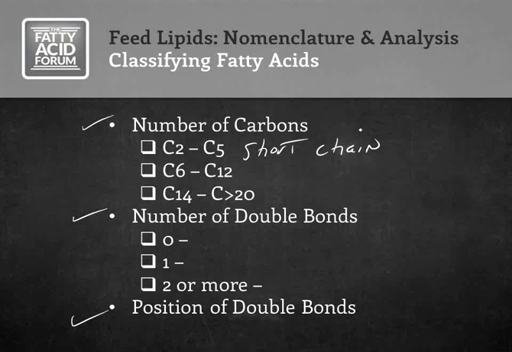So if it's a short chain, just 2 carbons to 5, we refer to them as short chain fatty acids. 6 to 12 carbons are referred to as medium chain fatty acids. And greater than 12, 14 to well over 20, are called long chain fatty acids.